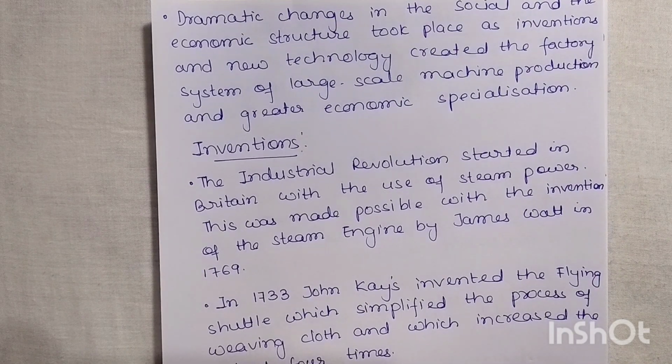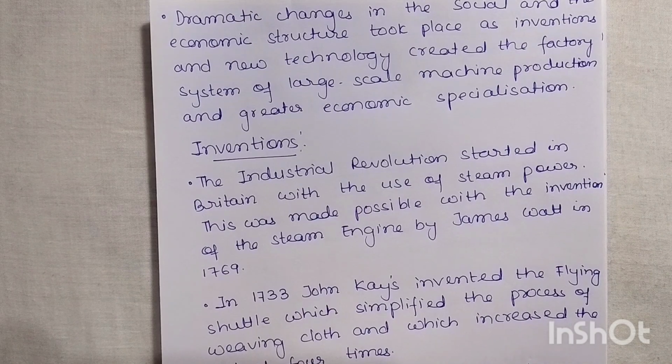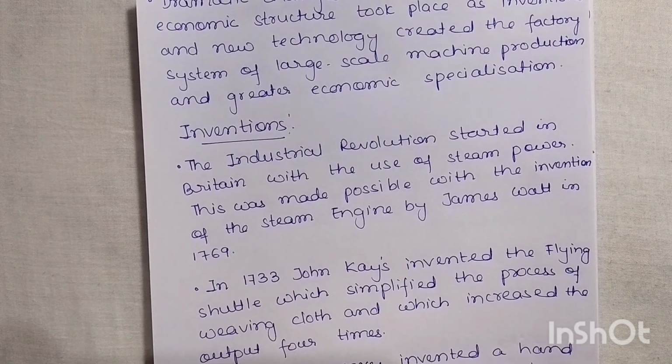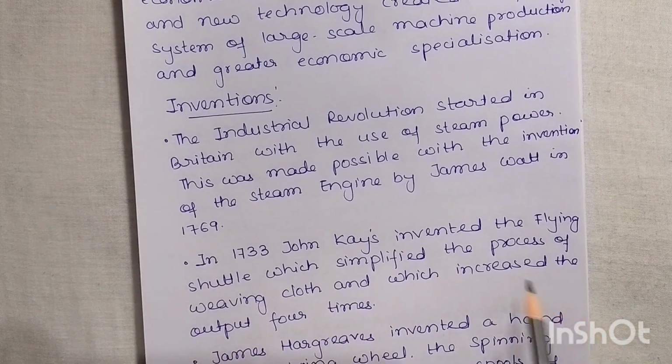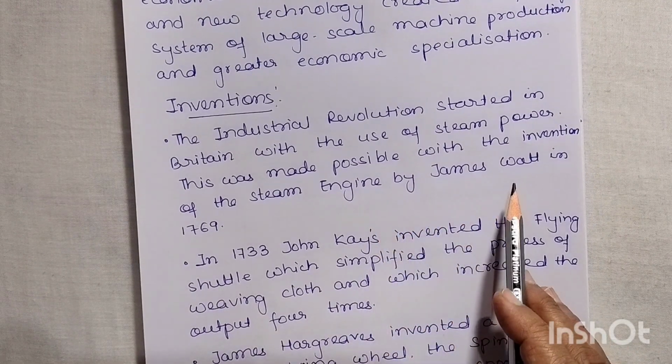Now, during this industrial development, when the revolution was going on, we have seen some inventions also. Inventions, as we all know, speed up the production of goods, isn't it? Not only this, they allowed the market to expand also. So, due to this, the industrial revolution flourished. The industrial revolution started in Britain with the use of steam power.